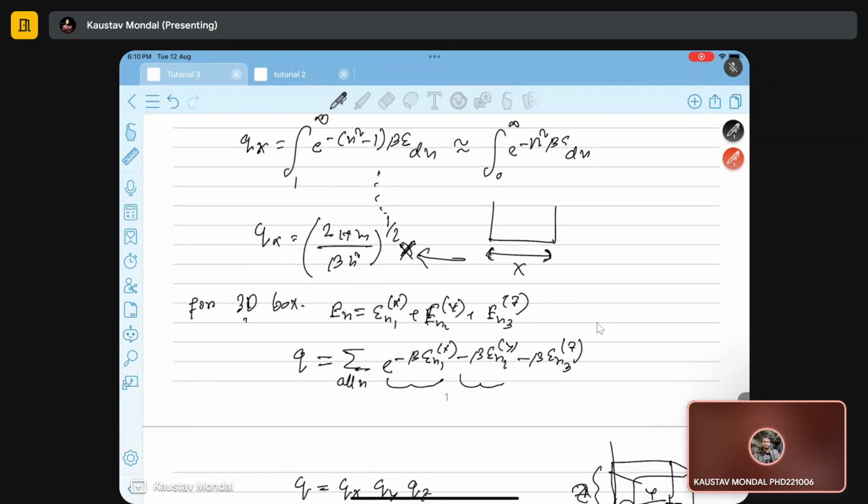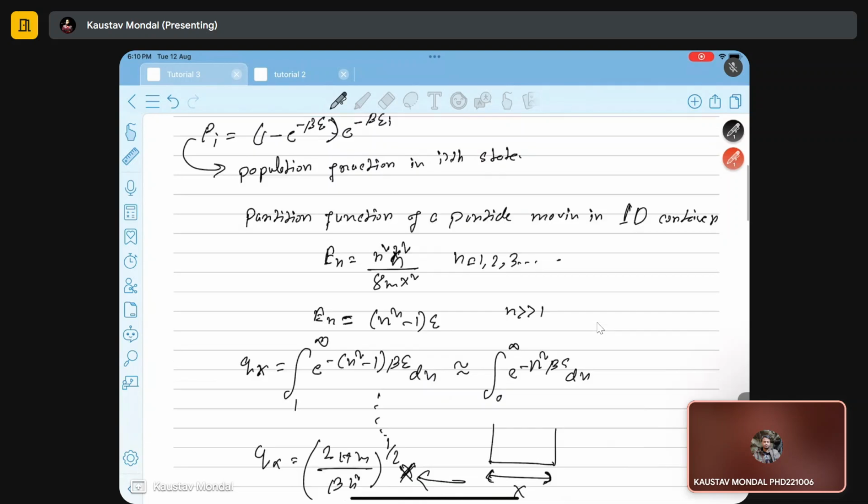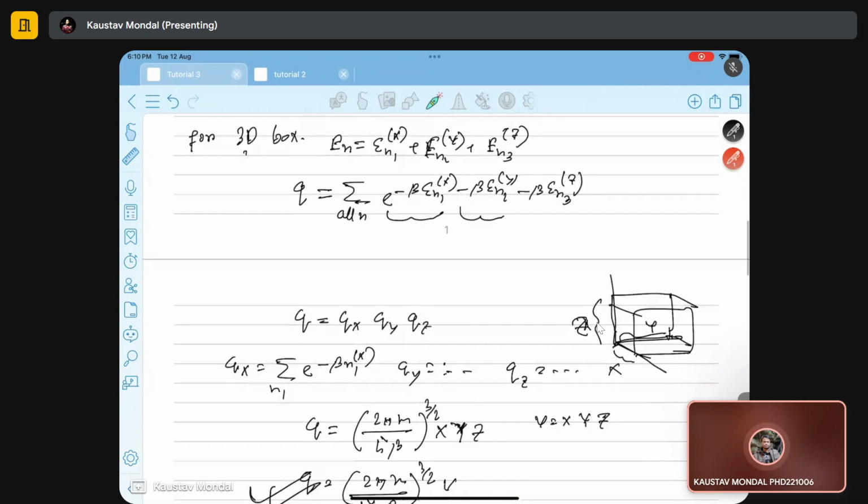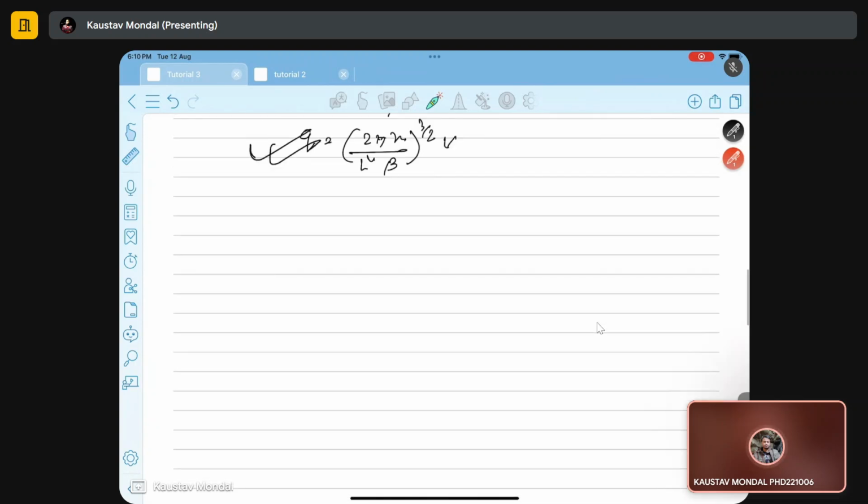That we have calculated by using this formula of population fraction. So these are basically the two types of problem that we have done in the last tutorial. Now for this tutorial we will start something new. Okay, we will derive something new first.